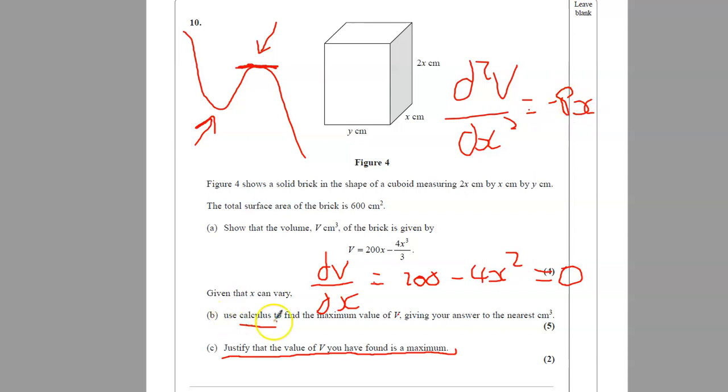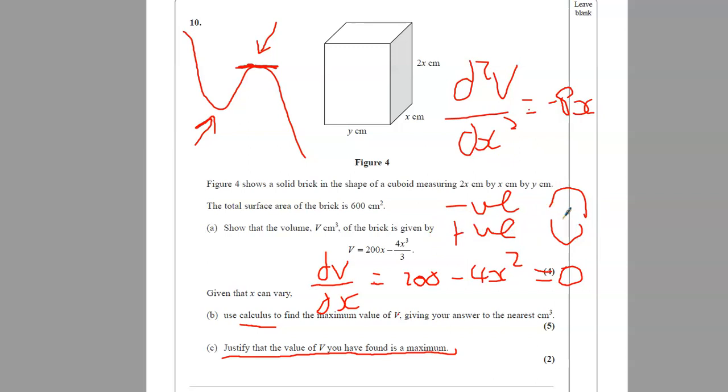And then whatever you've said your value for part B is, let's say it was 7, then minus 8 times 7 is a negative number. If d2V by dx squared comes out as negative, then you've got a maximum. If it comes out as positive, then you've got a minimum.